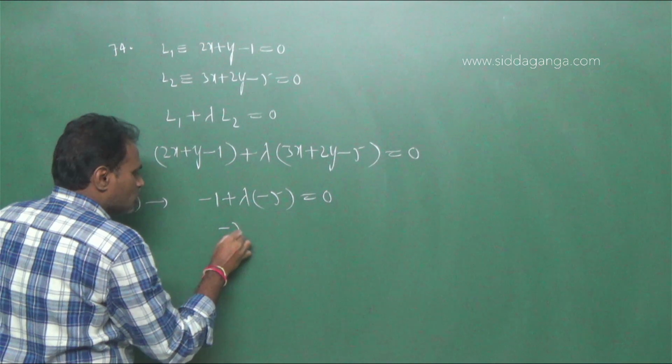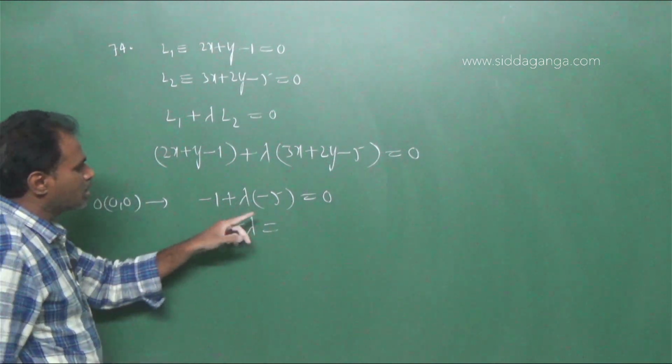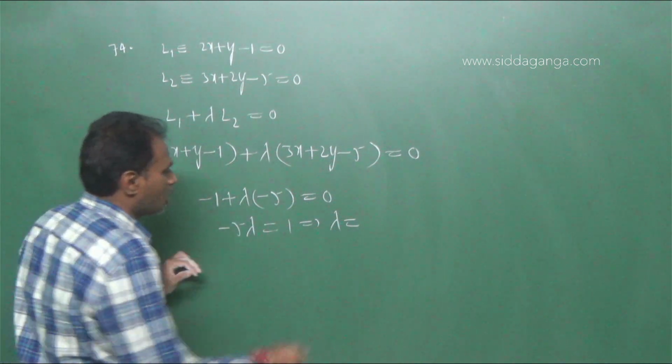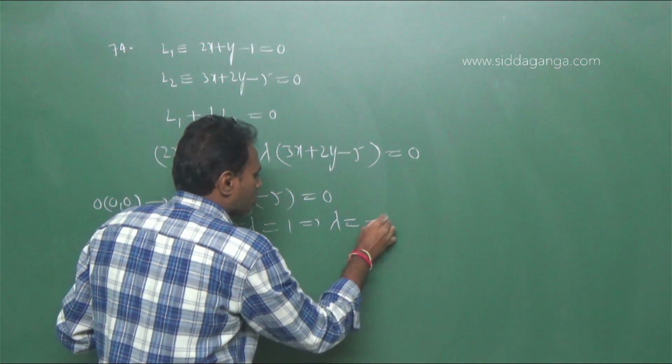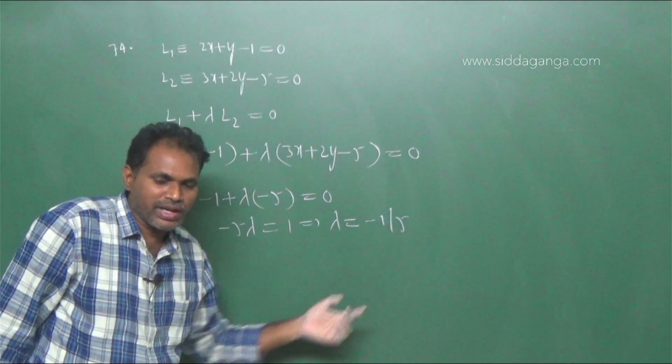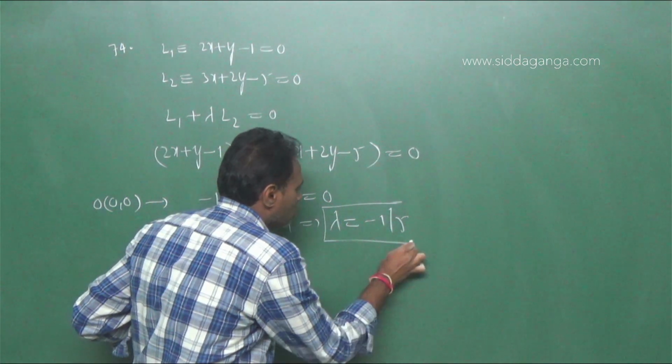Therefore, minus 5 lambda plus 1 equal to 0, implies lambda equal to 1 by 5, lambda equal to minus 1 by 5. This is the value of lambda.